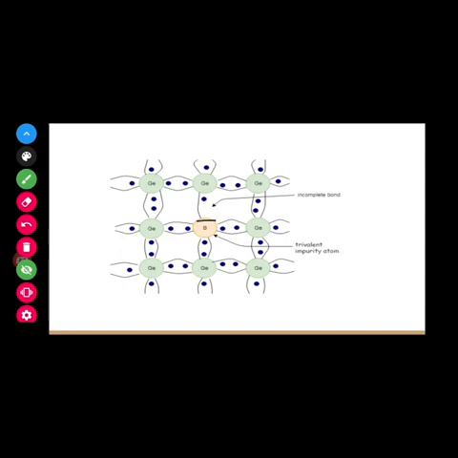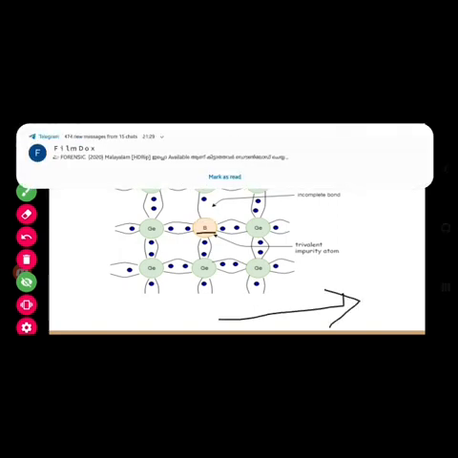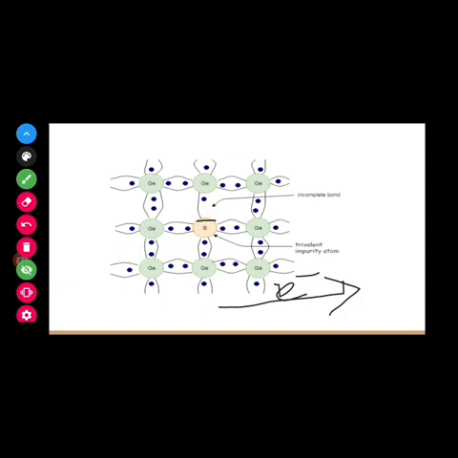It appears as if these holes are moving in the opposite direction to that of electrons. If electrons are moving in this direction, it appears as if holes are moving in the opposite direction, and it appears as if holes are positively charged. That is why we call it a P-type semiconductor.